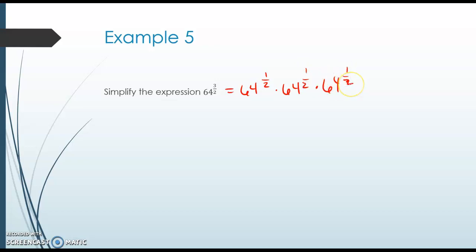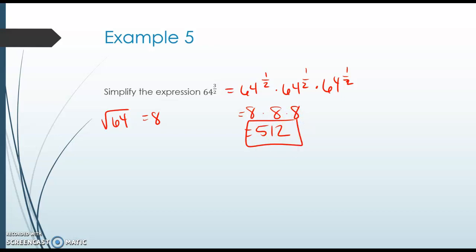Half means square root. So I'm doing the square root of 64, which is 8. So this is going to be 8 times 8 times 8, which is the same as 8 cubed. And 8 cubed is 512.